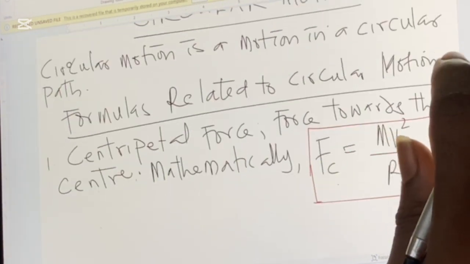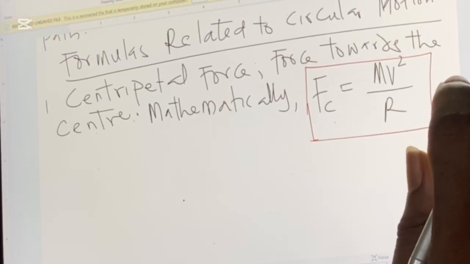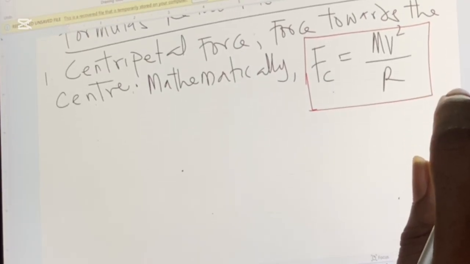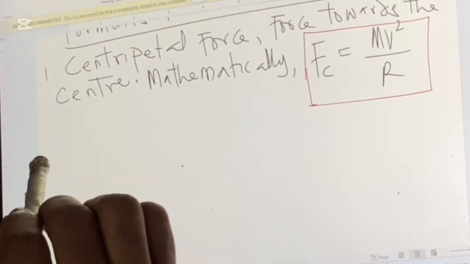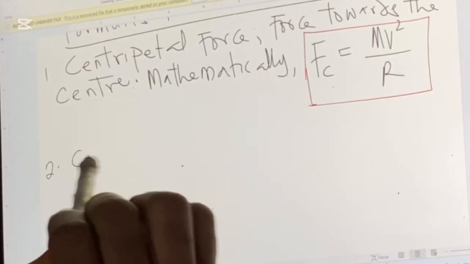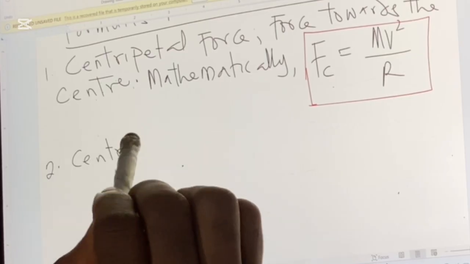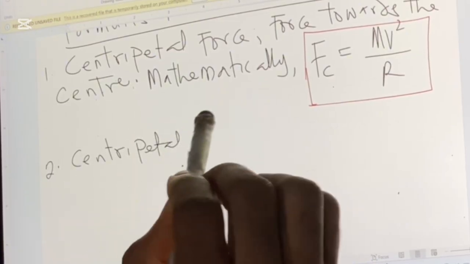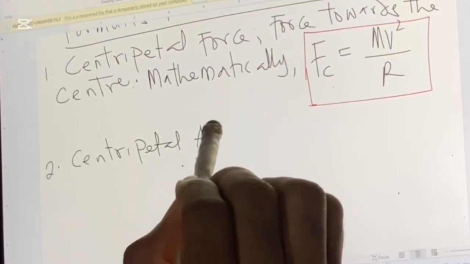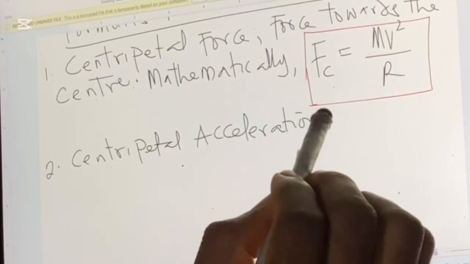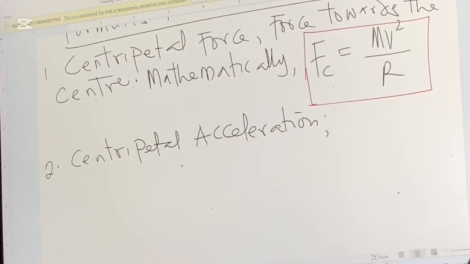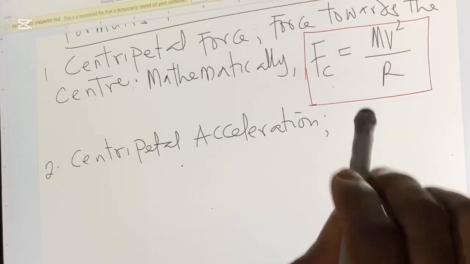Okay, let's take the next one here. The next one is centripetal acceleration. Number two, centripetal acceleration. Okay, now the acceleration towards the center is known as centripetal acceleration.